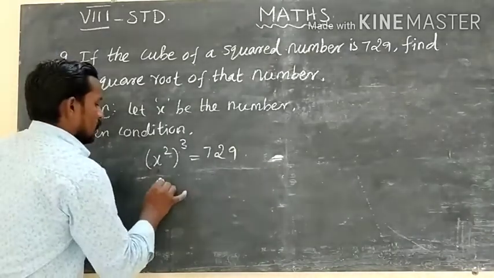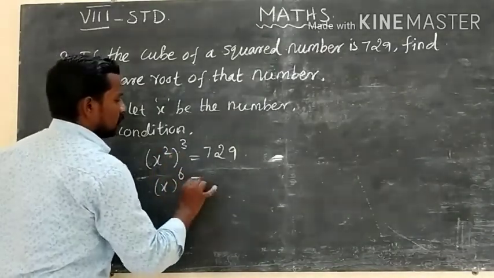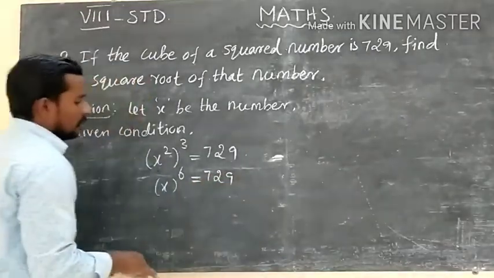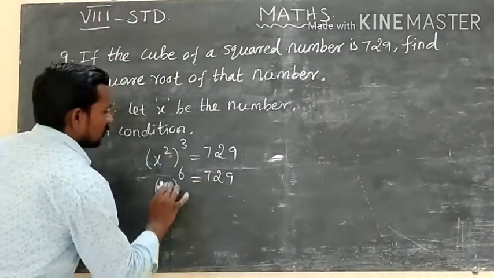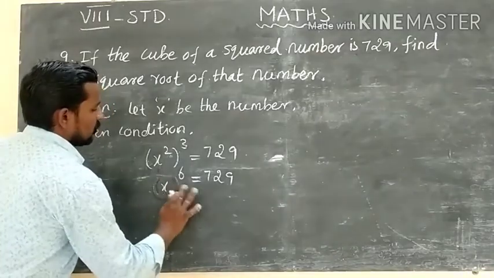So (x squared) cubed, 2 times 3 is 6, equals 729. x power 6.